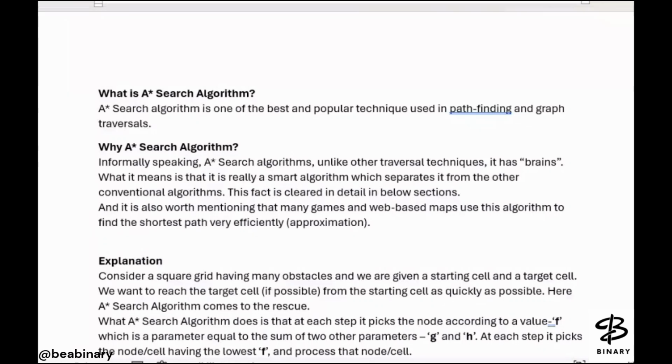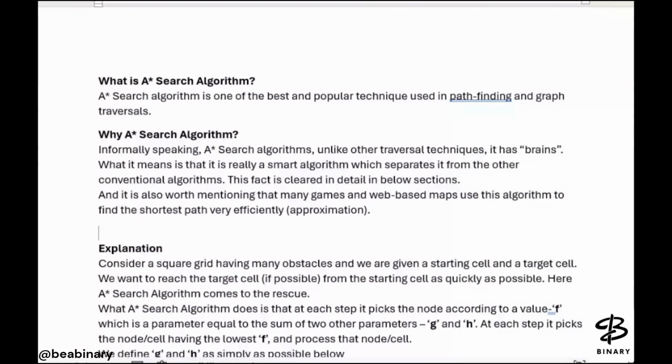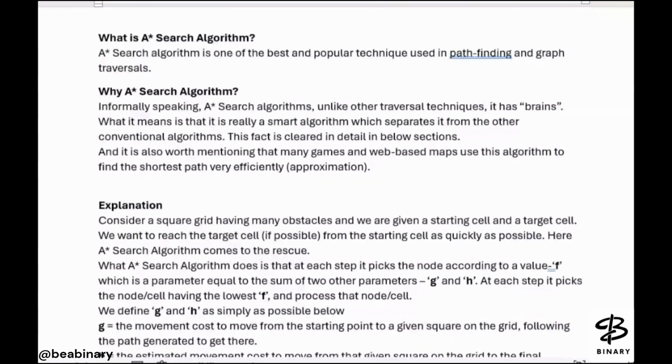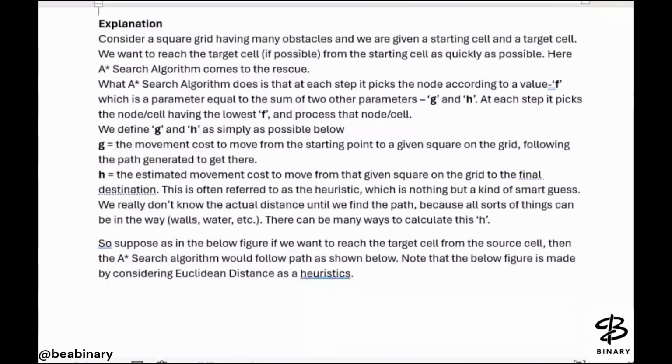So how will we move from the red node to the green node here? We consider a square grid having many obstacles, and we are given a starting cell. As I showed you in the figure, the red cell is the initial state and the green cell is the goal state. We want to reach our target cell from the starting cell as quickly as possible.